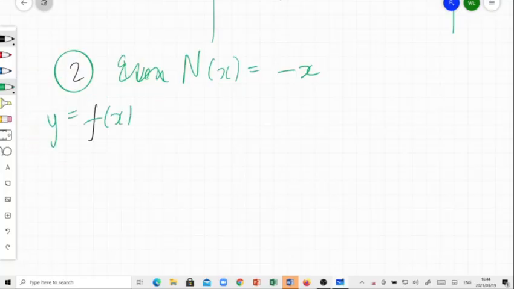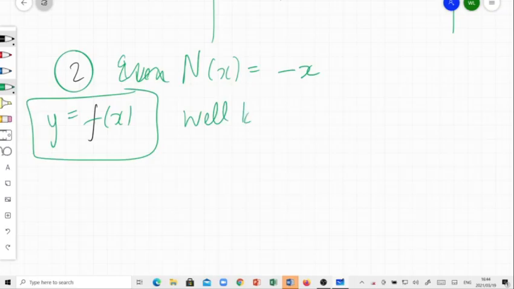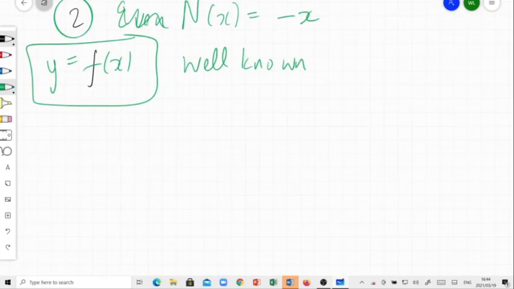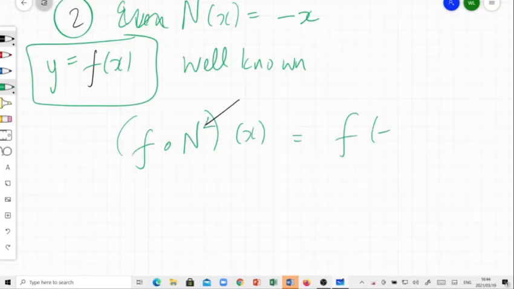This is a function that is well known and I'm very comfortable with. Okay, then if I compose f with n, remember n goes first, so it just negates to minus x. So in this case I get f of minus x, and so I get my new function g of x. Okay, so this is going to be f of minus x, right?